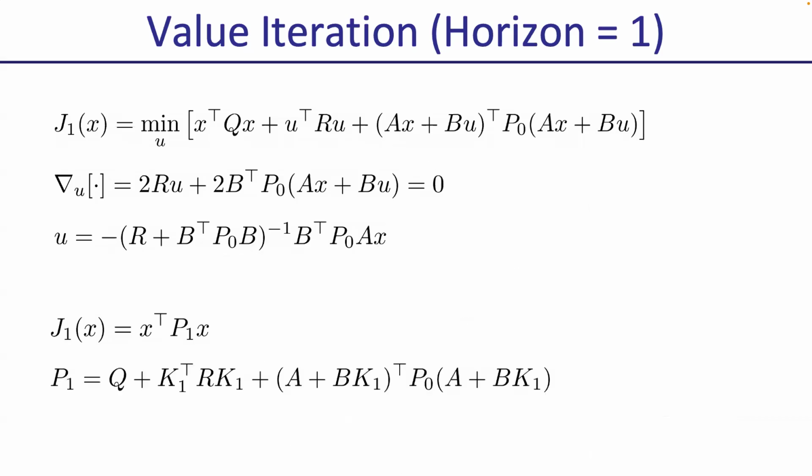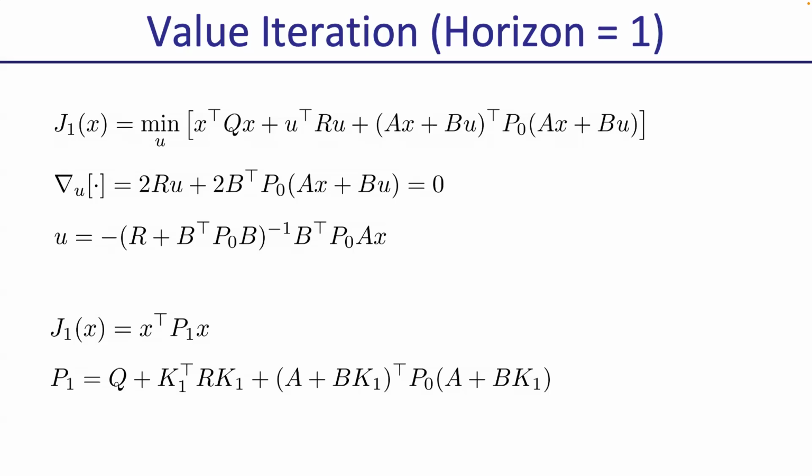And so you simplify these things and you can show that it's a quadratic where the inner quadratic thing is a combination of Q, which is your state cost, k transpose Rk, which is your control cost, and this term, which corresponds to your future cost.